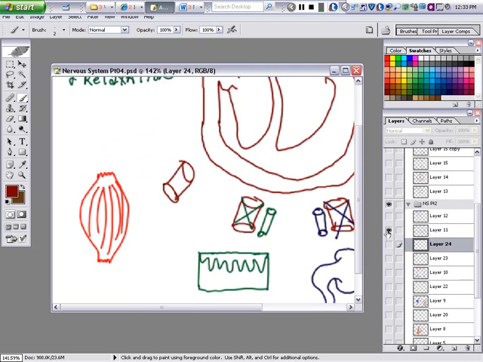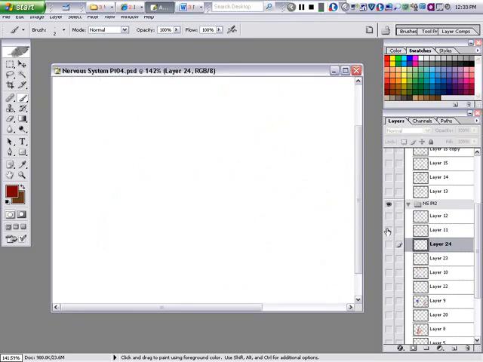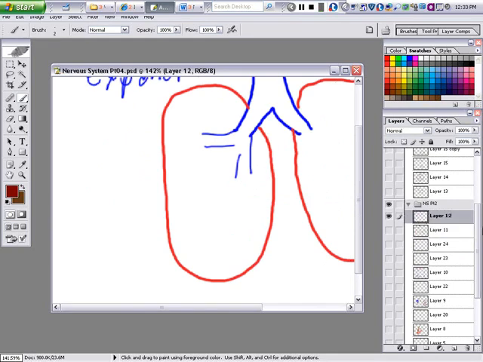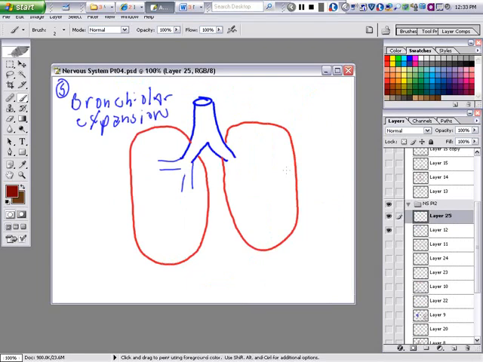Let's see here. Okay, let's do this one here. In our bronchioles, what I'm going to do here is draw a bronchiole.